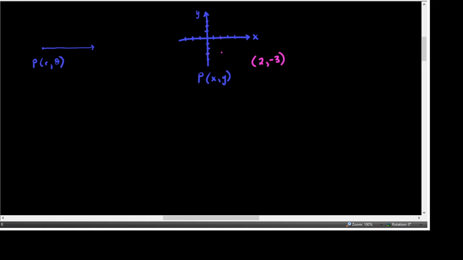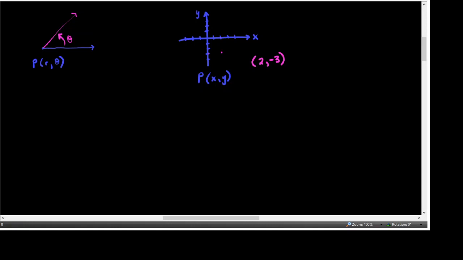In the polar system, we're going to be rotating from the polar axis, counterclockwise for positive theta. So this is familiar. It's what we expect.